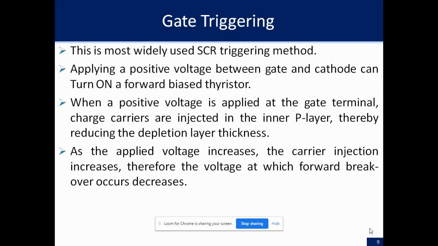You can give a continuous pulse also, but it is not required, because once the SCR turns on, it remains in the on state even if you remove the pulse. That is the peculiar characteristic of SCR. To make sure the SCR turns off, we have other commutation schemes, either natural commutation or forced commutation.